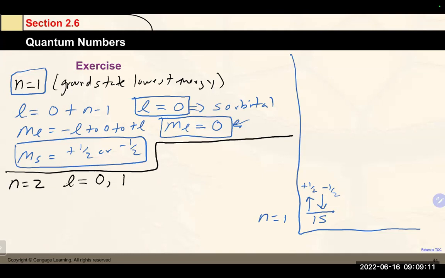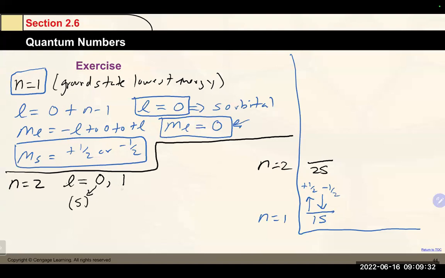This tells us that on the second energy level, we once again have an s orbital, because we have an L that has a value of 0. So if we go to our second energy level, we definitely have a 2s orbital. The 2 means it's on the second energy level, and it's an s orbital.